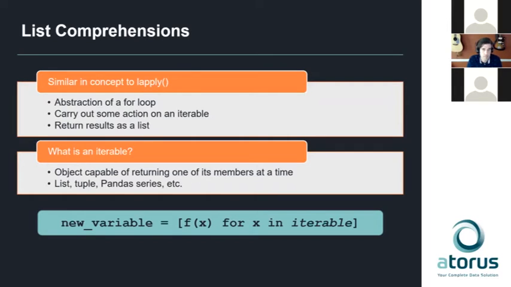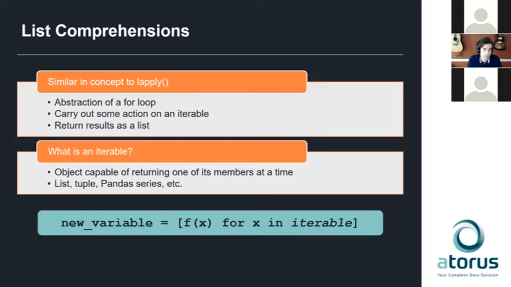Similar thing in Python, it is an action on every element of a list. You're taking a list, iterating through every element and doing the same thing to every element. You can write if statements in it, so you don't have to do every element. You can do a lot of stuff in it.